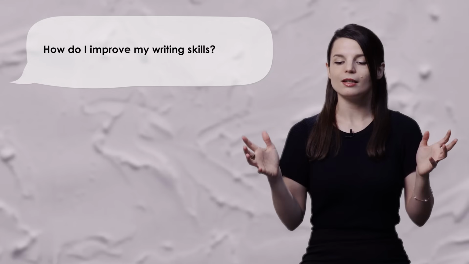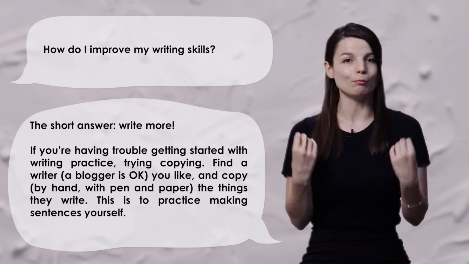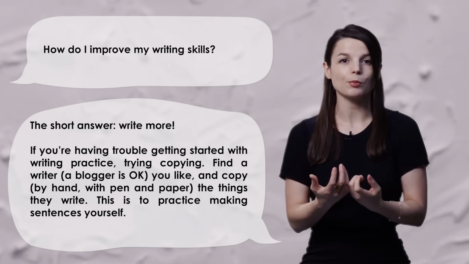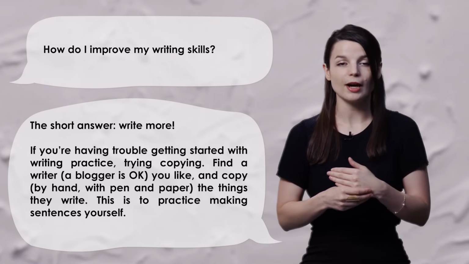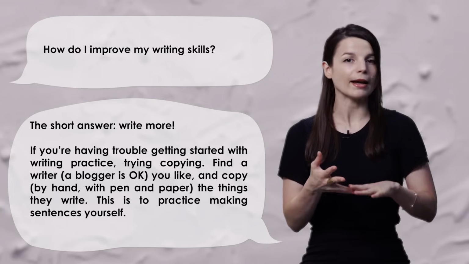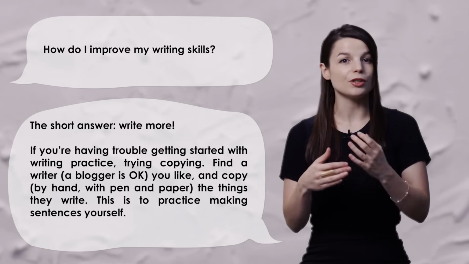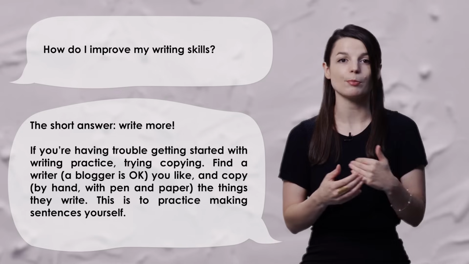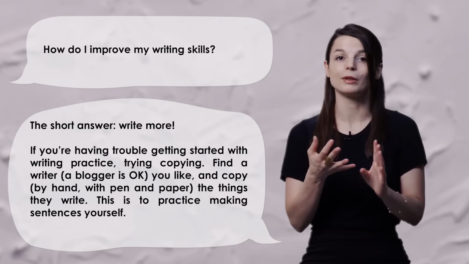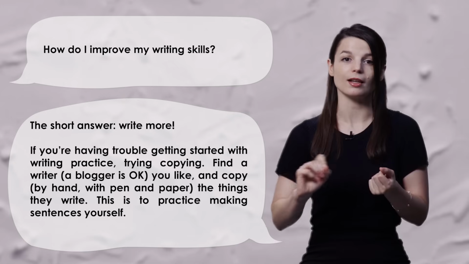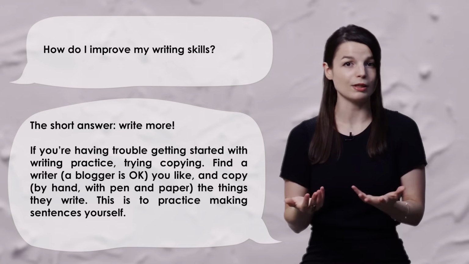So the simple answer is write more. So if you're having trouble starting your writing practice, something that you can try doing is copying. So if there's a blog, a magazine, a book that you enjoy reading, if there's something that stands out to you, something that you think is really good or really interesting, you can start your writing practice by just copying the things that you read.